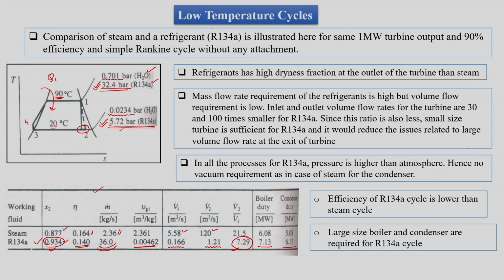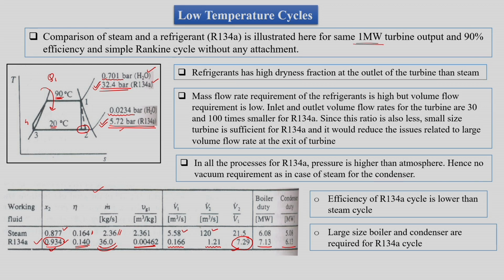That means we need more heat interactions in the condenser and the boiler if we want the same 1 megawatt of work output using the refrigerant as the working medium. These two disadvantages are also there in the refrigerant cycle.